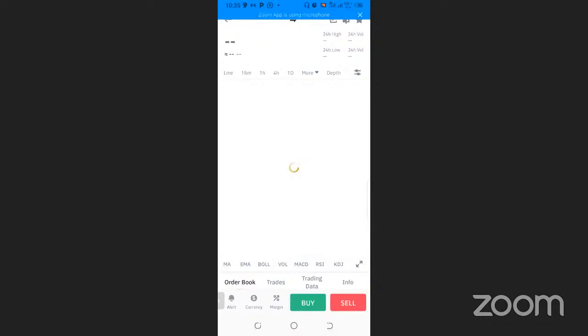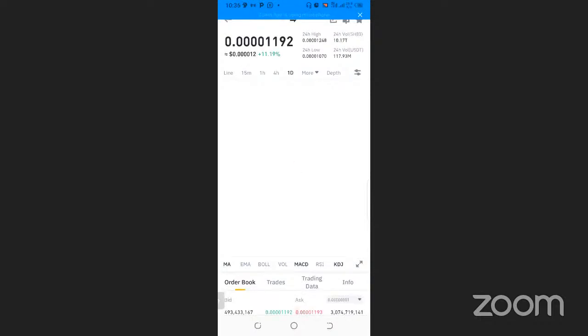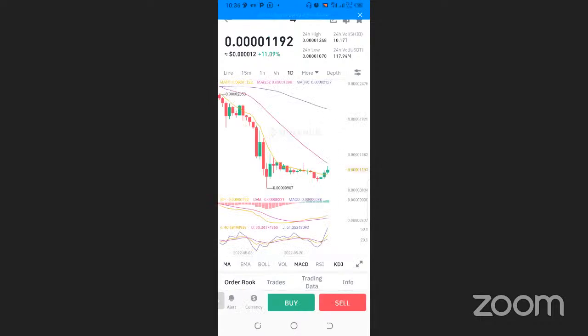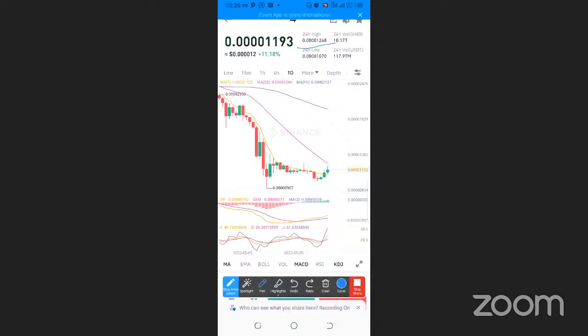The trading data will help you be stronger, so that as you enter the market you don't need to have any fear. Look at the all-time high, the all-time low, and the current price. What do you see at the all-time high? The market has already done 11%. Do you still have the privilege of trading this coin in the next 24 hours? That is the question.